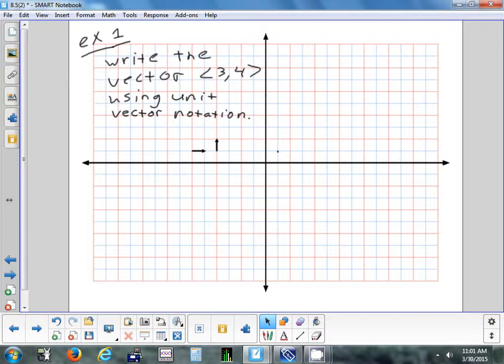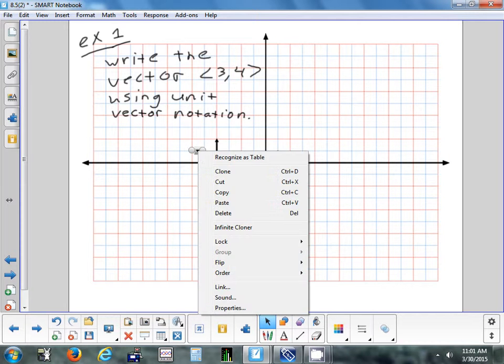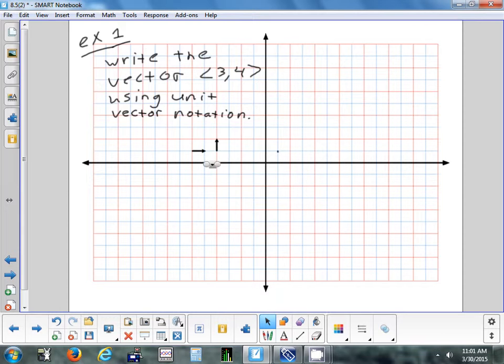Yeah, you need 3 of them. Each one is 1 unit long. So let's just make 3 copies of it. Stack 3 of them together. There's 1, there's 2, and there's 3. So what I've done right there, that's the vector 3i.